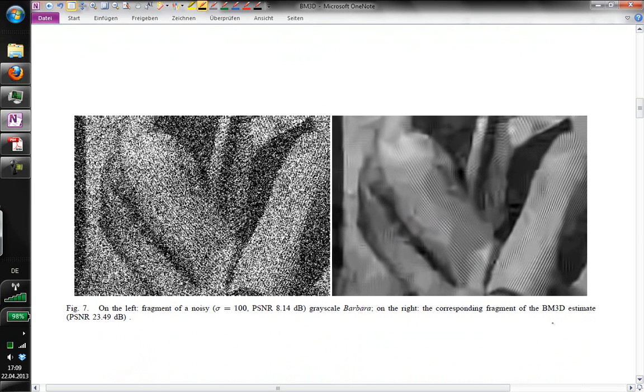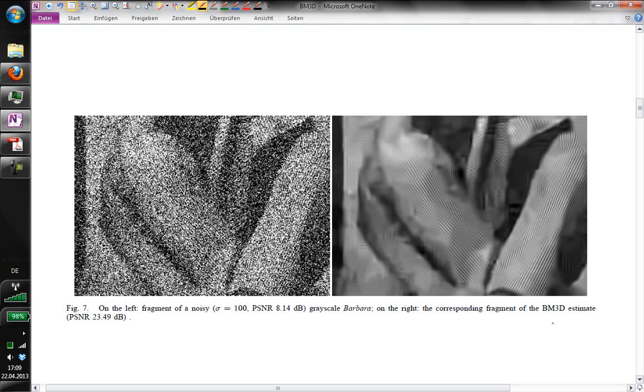So on the left, a noisy image of someone wearing striped pants, with additive white Gaussian noise with a standard deviation of 100, which is quite severe. And on the right hand, the reconstruction, which I would say is quite remarkable. So it has recognized, or hallucinated if you want, the texture in the pants even where we hardly see it any longer.